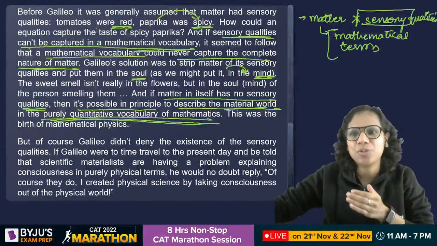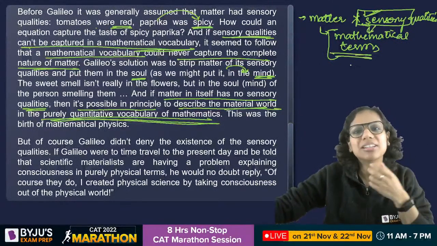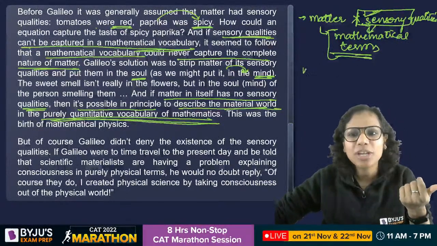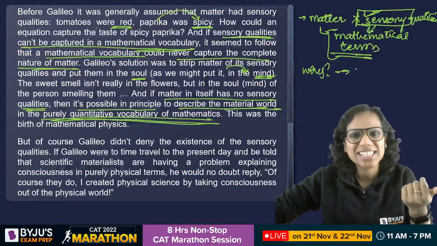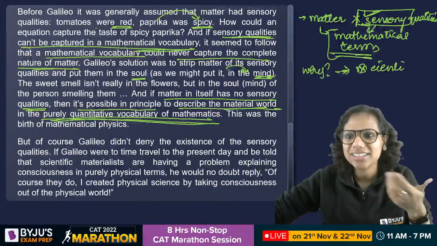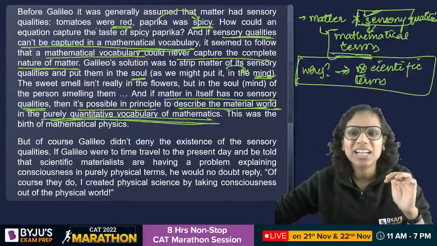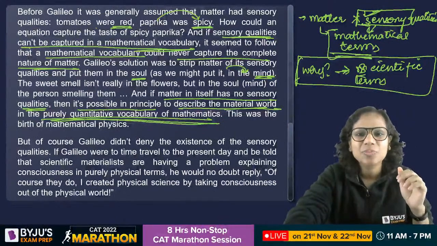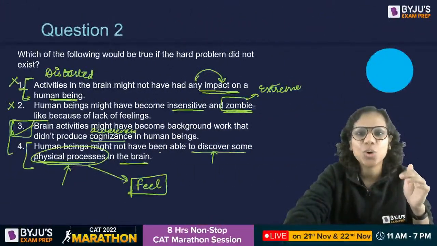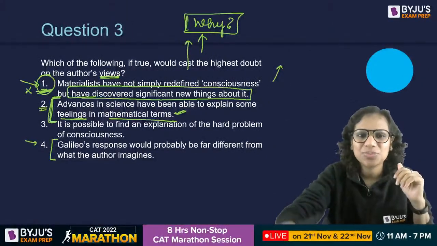So if we are able to describe these sensory qualities in mathematical terms, then we will be able to explain the why of consciousness, the why of these feelings in scientific terms, isn't it? Then what the author is saying would no longer remain true, that materialists can't really explain it. Because if you've captured these sensory qualities in mathematical terms, then you can explain them.